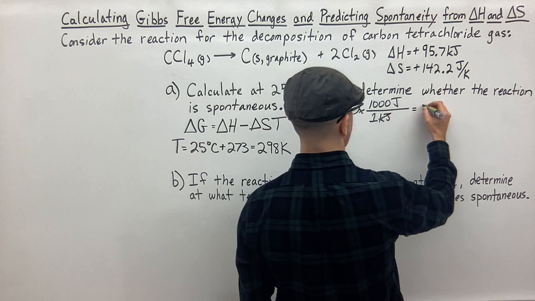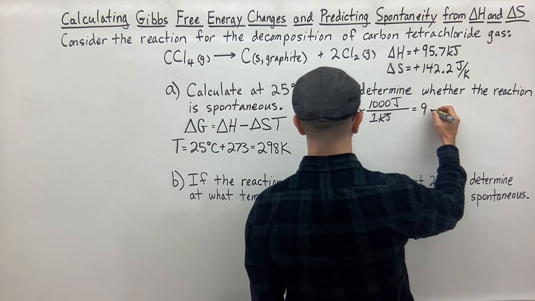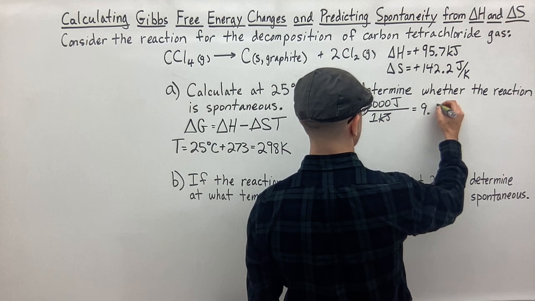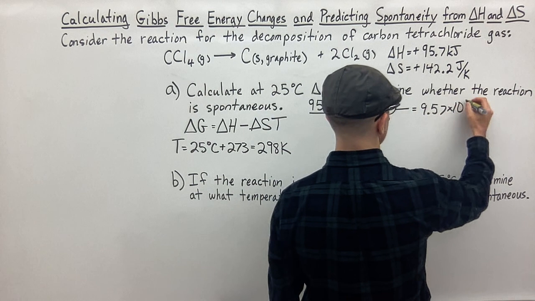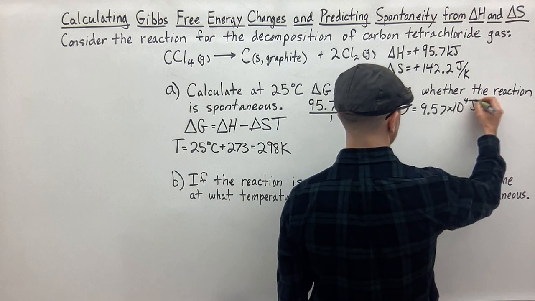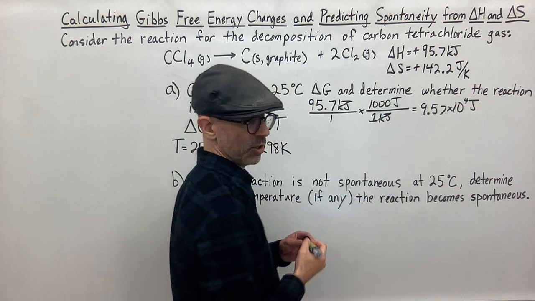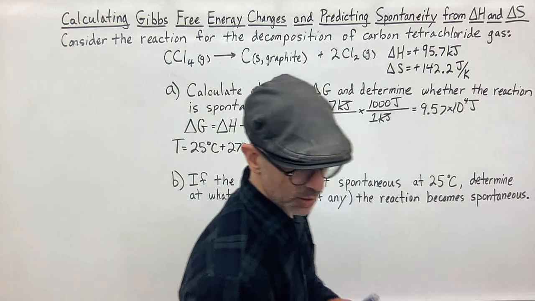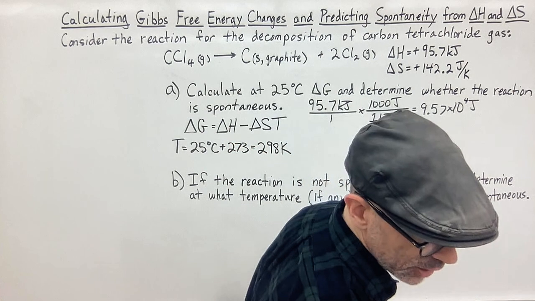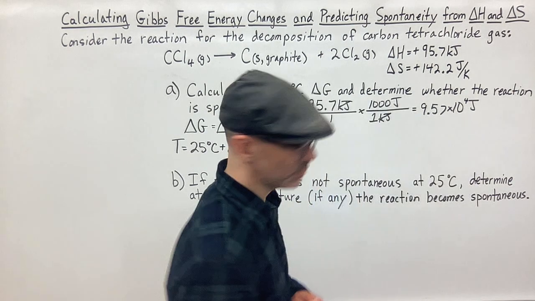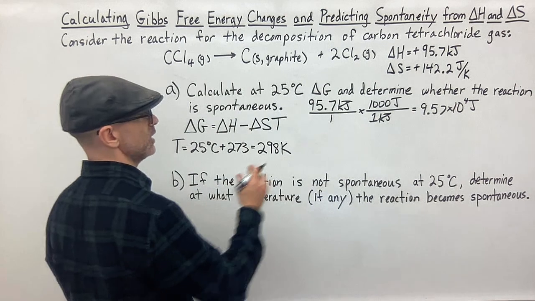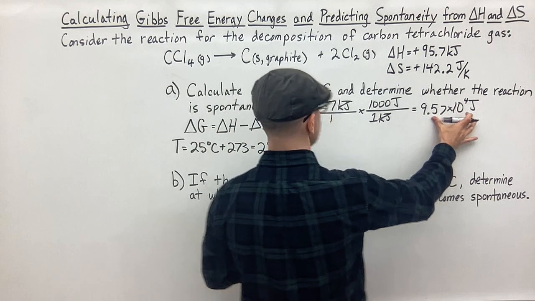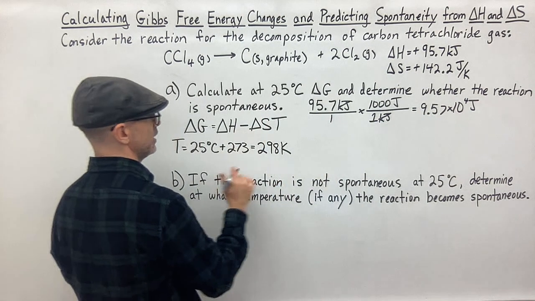And now we have 9.57 times 10 to the 4 joules of energy. Let me double check that. Okay. Yep. So now we're going to take our delta H that we just converted to joules, and now we're going to plug everything into our equation.